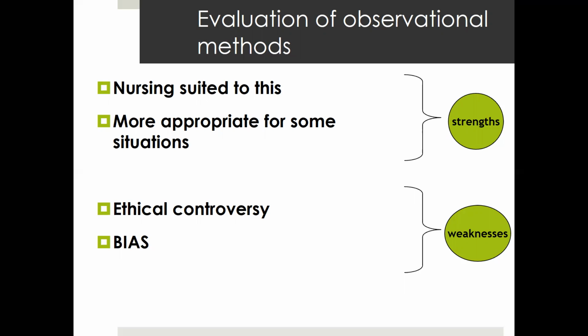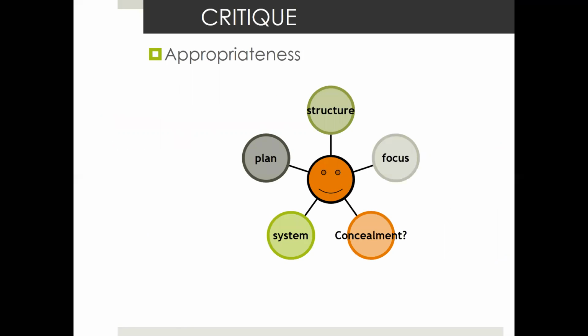For example, especially if a researcher doesn't report all the things that they are actually observing about a situation, other people might feel kind of duped if they thought someone was their friend and they were really not being a friend, they were really being an observer for a research purpose. And another weakness of observations is our inherent bias that colors everything that we see.